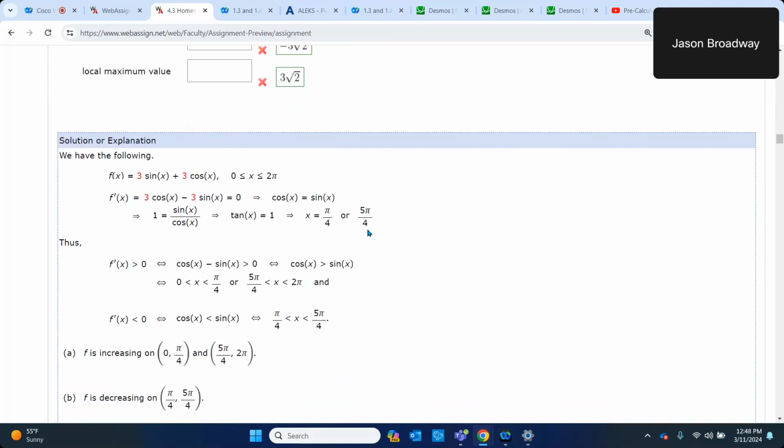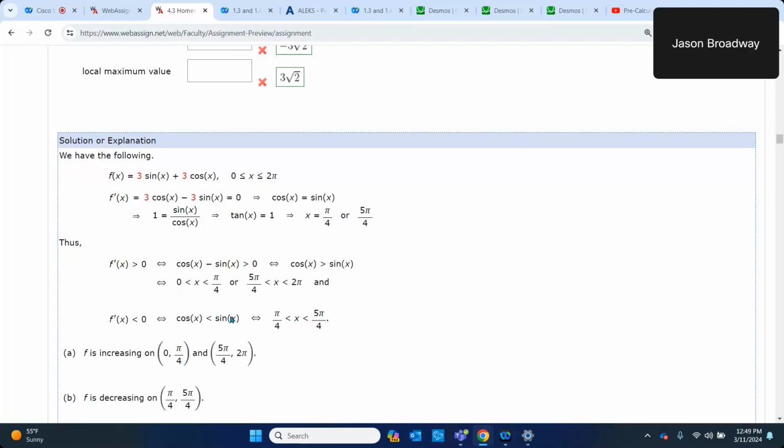So we check those points out and we do our chop offs there. We want a test point that's strictly between 0 and pi quarter, and another test point that's strictly between 5 pi quarter and 2 pi. On those intervals, F prime is positive, as you can check in Desmos. Any test point will show that F prime is positive on these intervals.